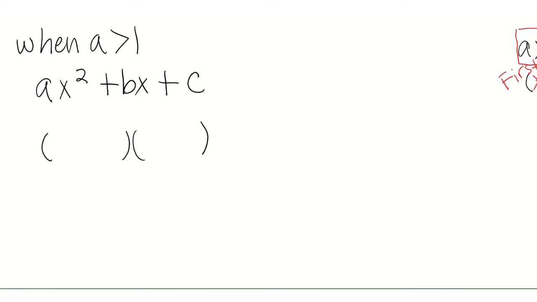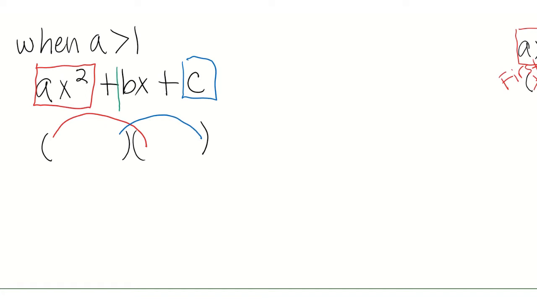So what we're going to want to do is get this in the first, get our c in the last, and get our b's in the inner, the sum of the inner and the outer.